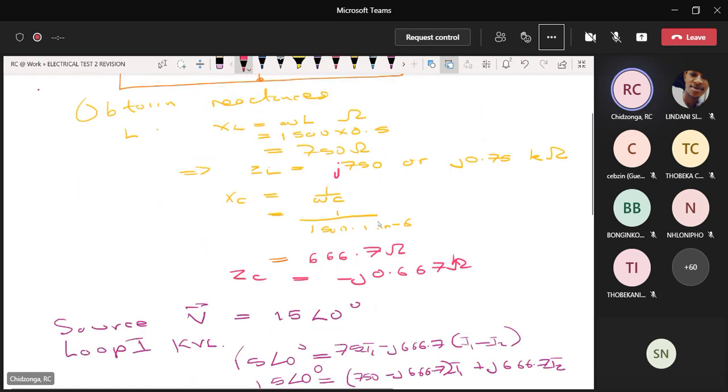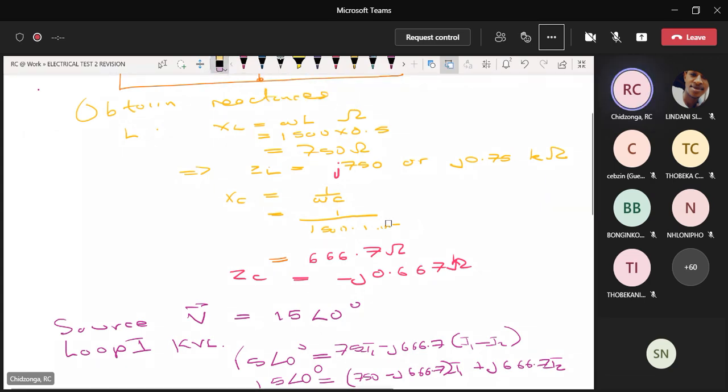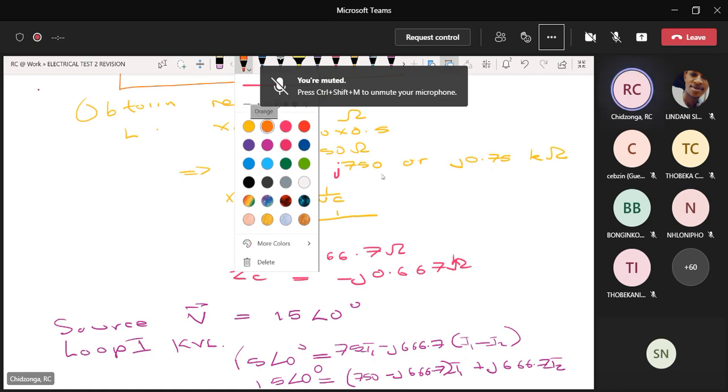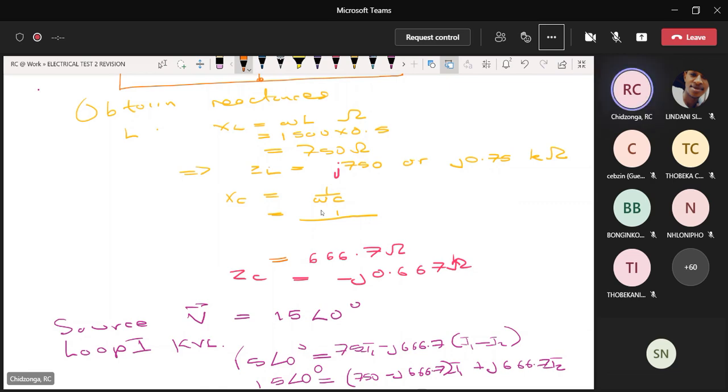So the same thing for the capacitor. The capacitive reactance is 1 over omega C. Omega is 1,500, so we write here 1,500. And the capacitance is 1 times 10 to the minus 6.